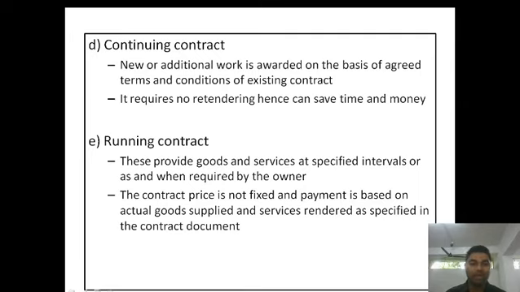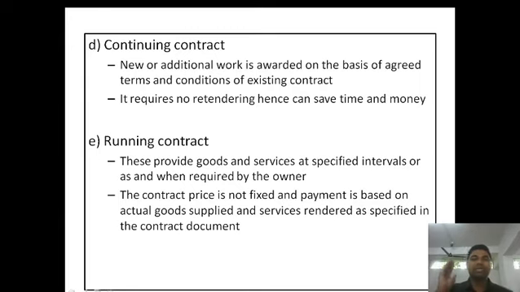What do we mean by running contract? These provide goods and services at specified intervals. Suppose I will be contracting for 1 year, I won't be constructing anything. Generally, it is done for procurement of materials. When I am constructing a building, the owner comes to an agreement with me just for the supply of materials.